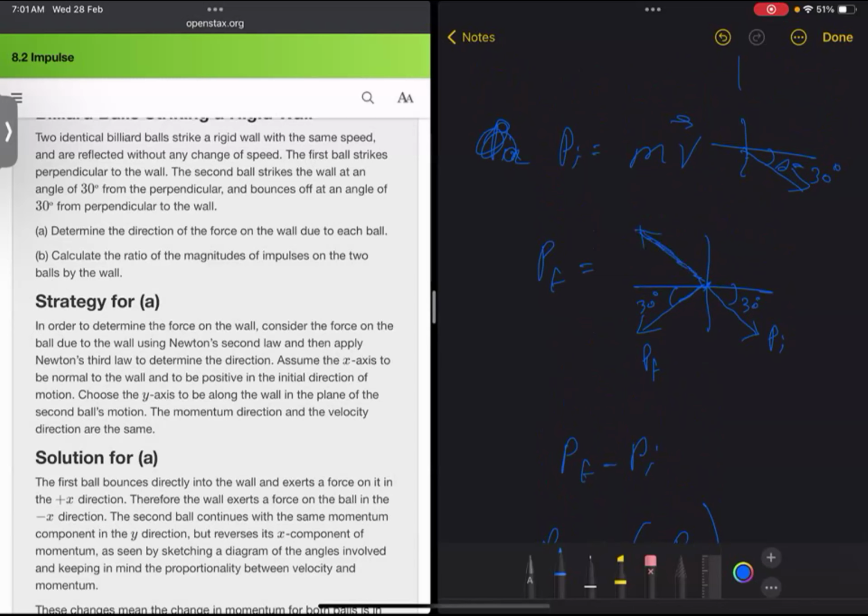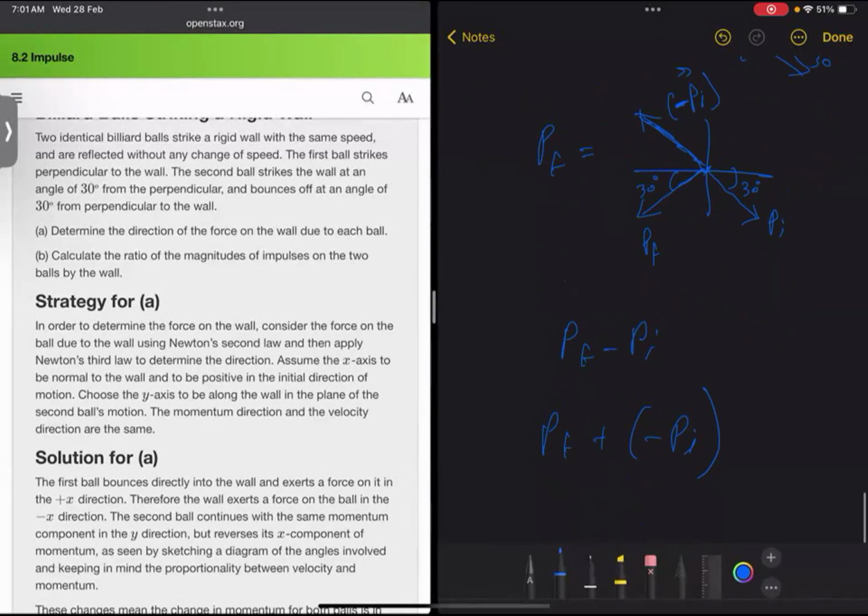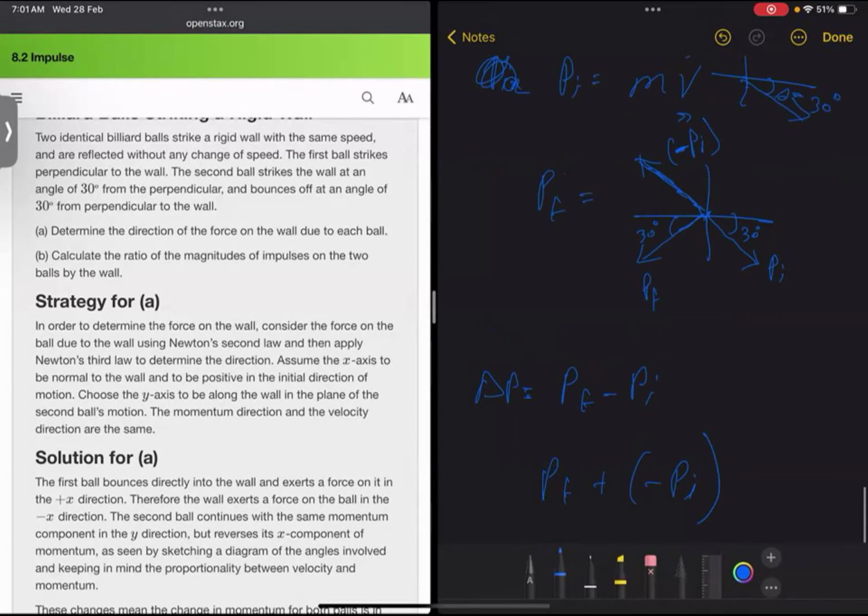This vector is called the negative of p_i vector, of the same magnitude and opposite direction to p_i. Yeah, can you ask your question? No, no. So this is the negative of the p_i vector.